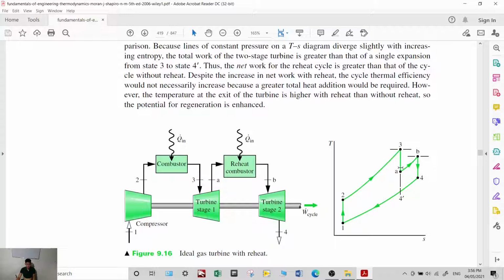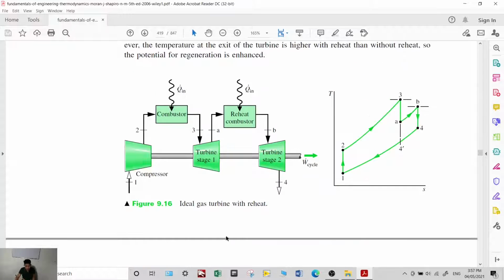So it will pass to the stage 1 turbine, and then another heat transfer from the reheat combustor increases your temperature. With the temperature increased, it is harnessed again in your stage 2 turbine.